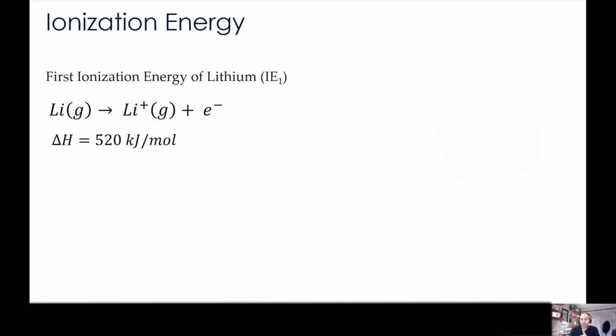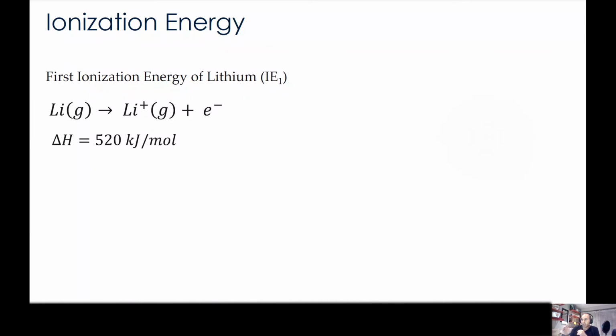However, the term ionization energy refers to one of these things very specifically: how much energy is required to remove an electron from an atom, or from a particle, or from another ion. So ionization energy refers specifically to the amount of energy required to remove an electron.